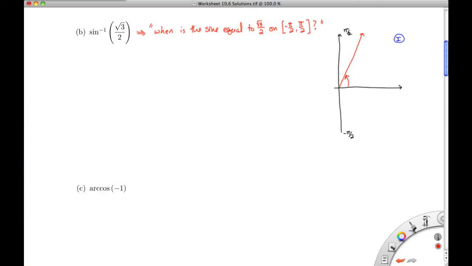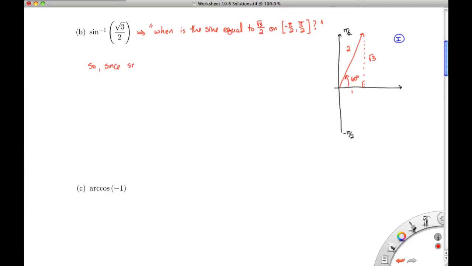So if we look at that 60 degree reference triangle in the first quadrant, we've got our 2, we've got our root 3, we've got our 1. The sine of this angle here is the square root of 3 over 2. So that's what we're going to be looking for.